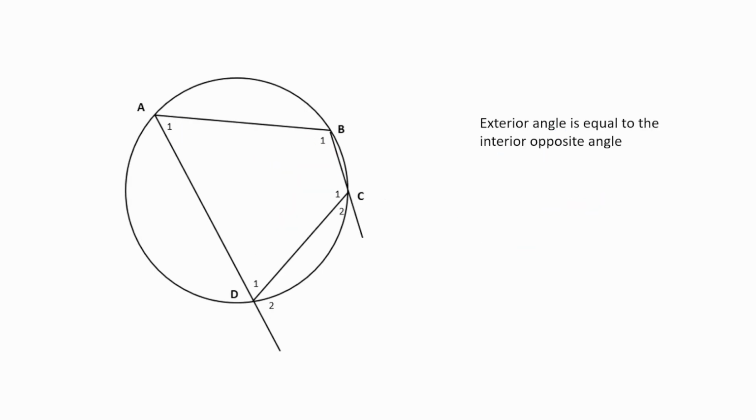Secondly, we have that the exterior angle is equal to the interior opposite angle. Let's break this down. So the exterior angle is equal to the interior opposite angle. So again, we're dealing with opposite angles. So let's have a look at what I mean by an exterior angle. Here's our cyclic quad again.